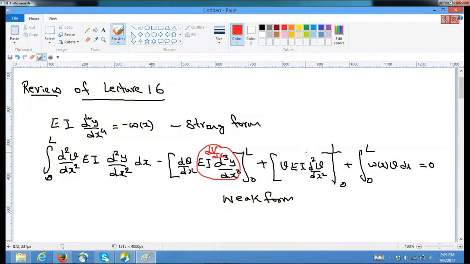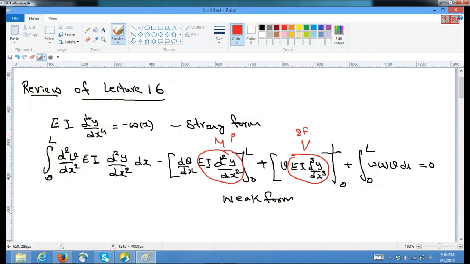I think I made a small mistake. Let me undo it. So yeah, we know this quantity is equal to m, and this quantity is equal to capital V, which is the shear force and the bending moment.